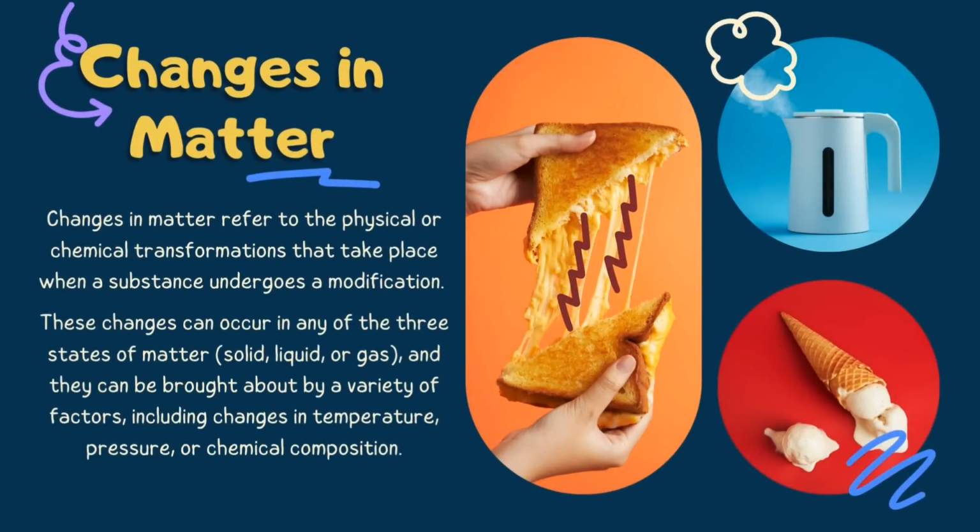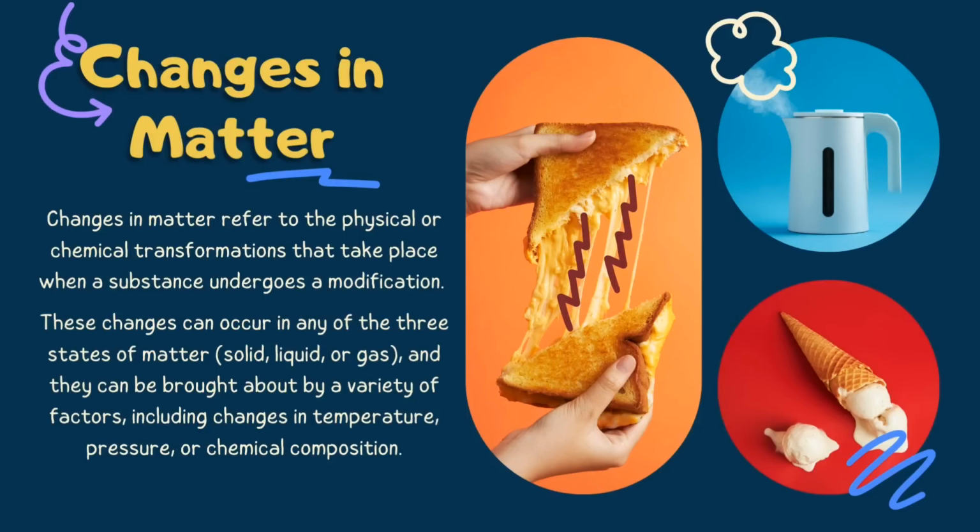Okay, so we have here changes in matter. So we need to take a look at it, because this is also very important. Changes in matter refer to the physical or chemical transformations that take place when a substance undergoes a modification.